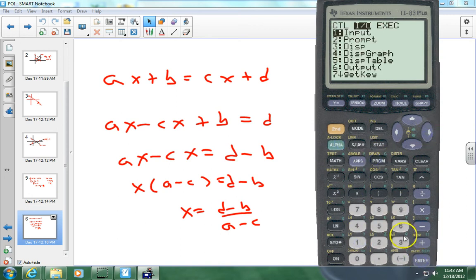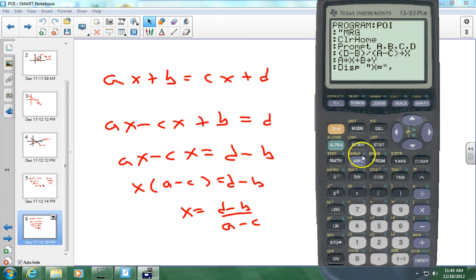Program IO display, quote, X equals, quote, comma, X, and program IO display, quote, Y equals, quote, comma, alpha Y.